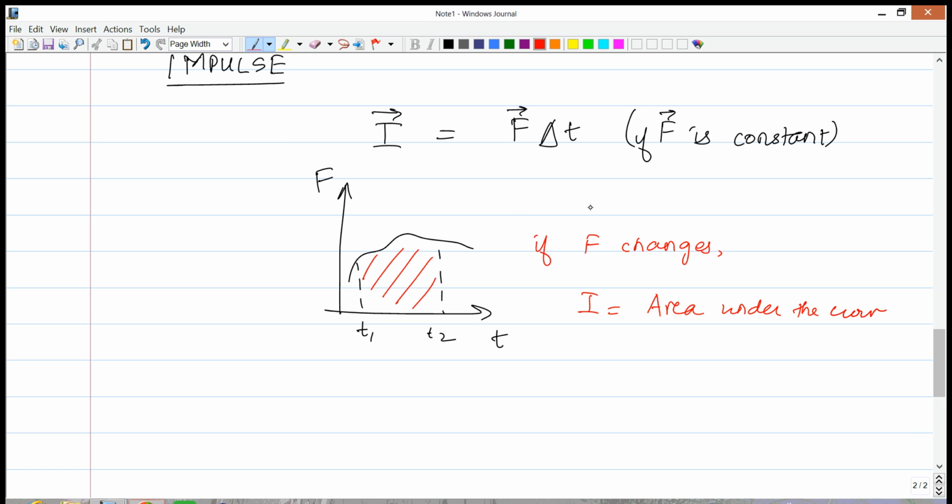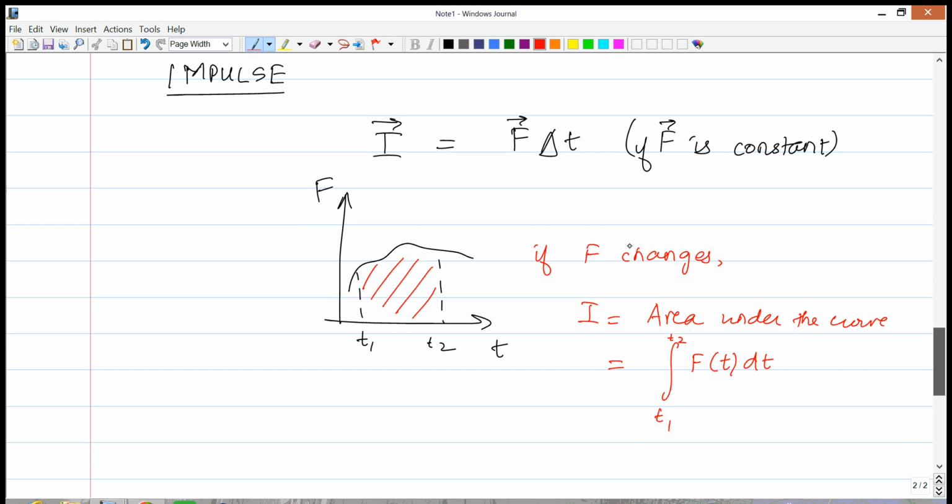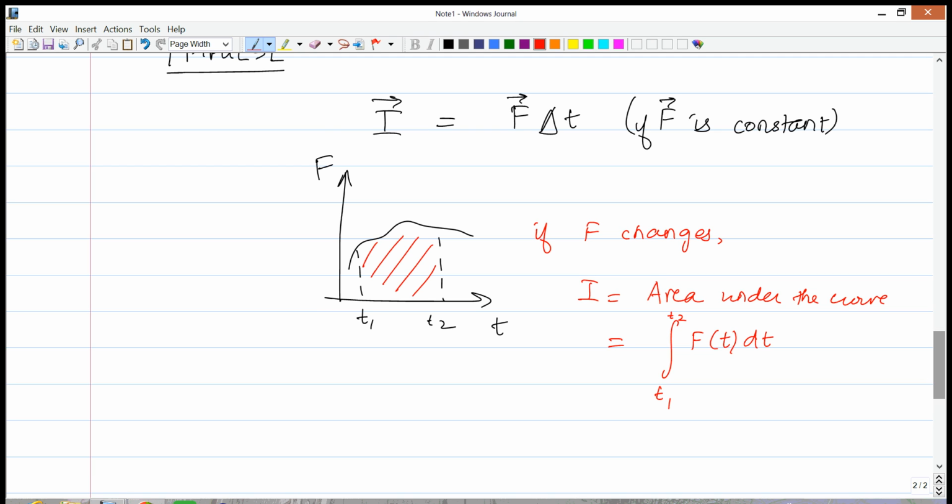Now in the C class, basically what we'll do is we'll use integrals, from some time t1 to t2, of f of t times dt. So this is a simple transition. For the ones in the B class, all you need to worry about is that it is either f times delta t if f is constant, and it is equal to the area under the curve if f changes. So those are the two ways of finding impulse.